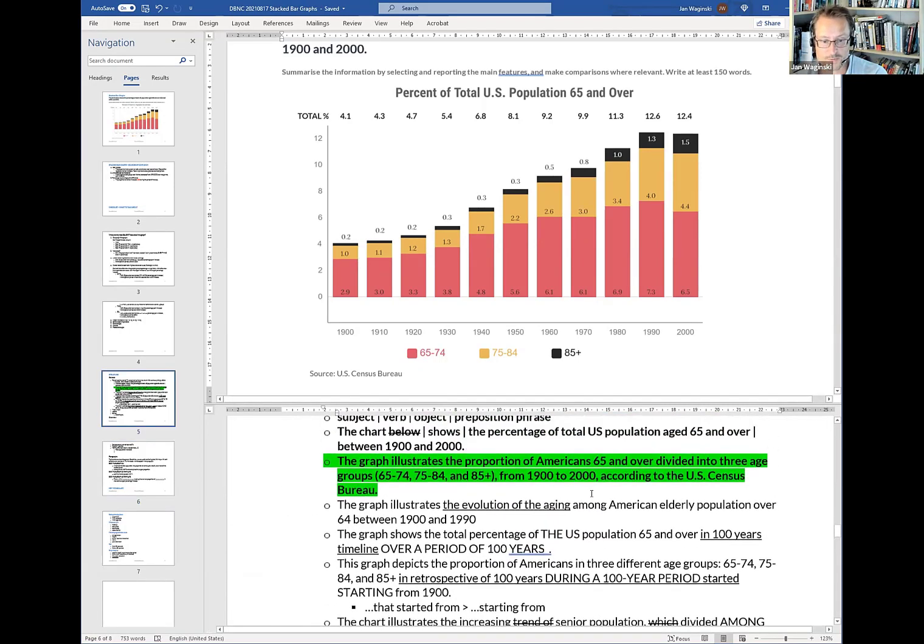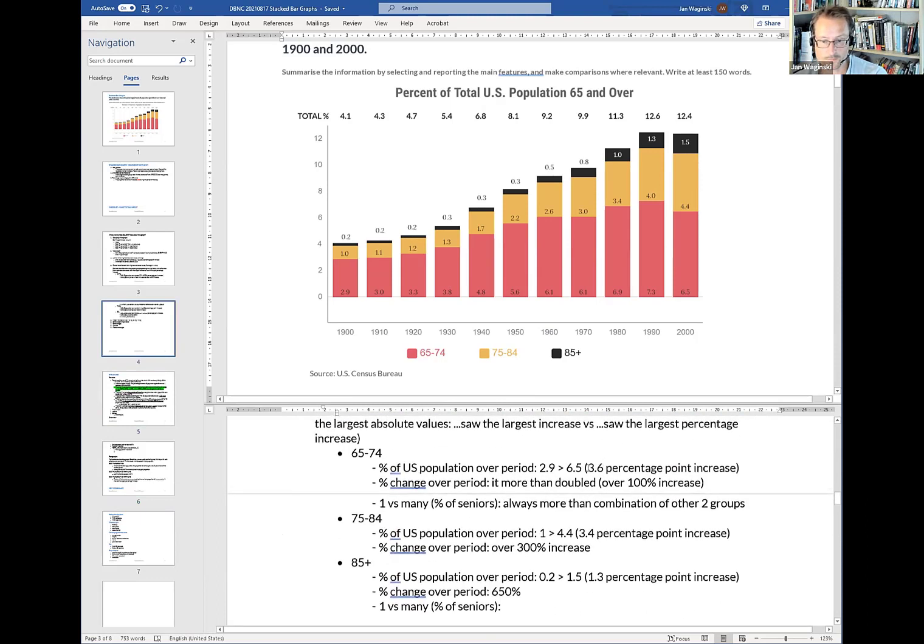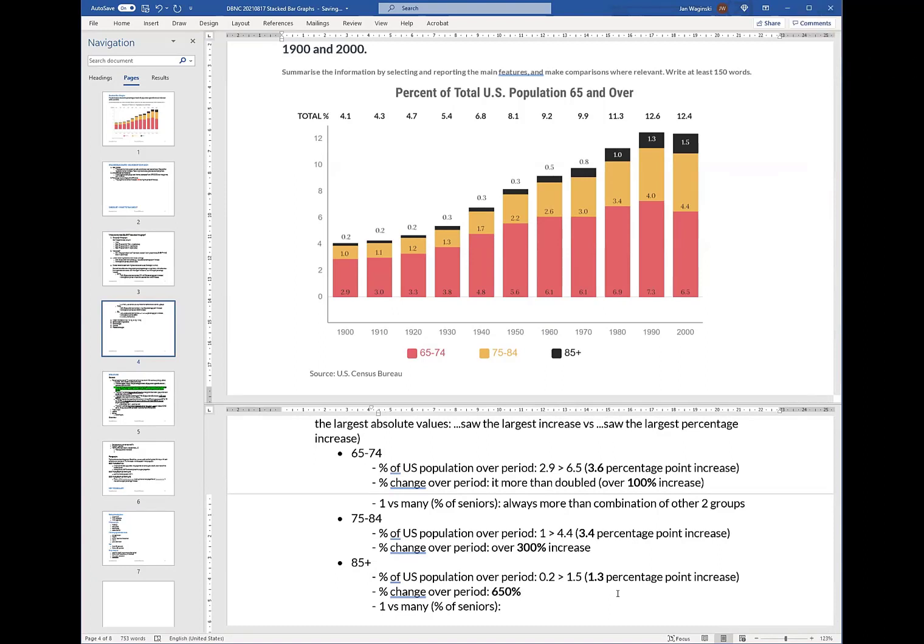Remember these percentages we talked about? Triple. Right. What's the general pattern here, if you had to describe this without numbers? Every age group increased. Yes.